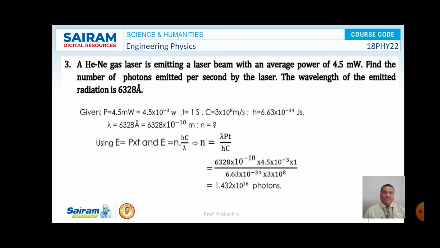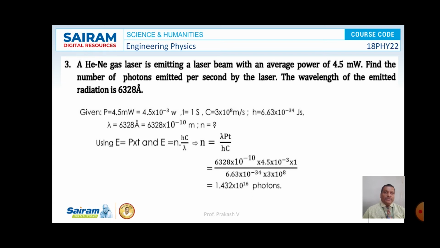We know that E is equal to P into t, further E is equal to N into hc by lambda. Therefore N can be written as lambda Pt by hc. So here we have to calculate the number of photons emitted per second.